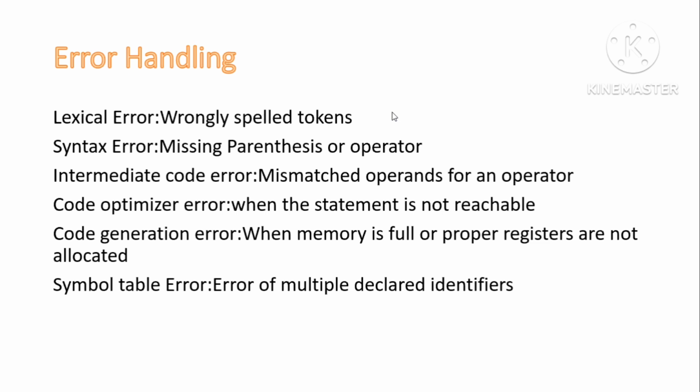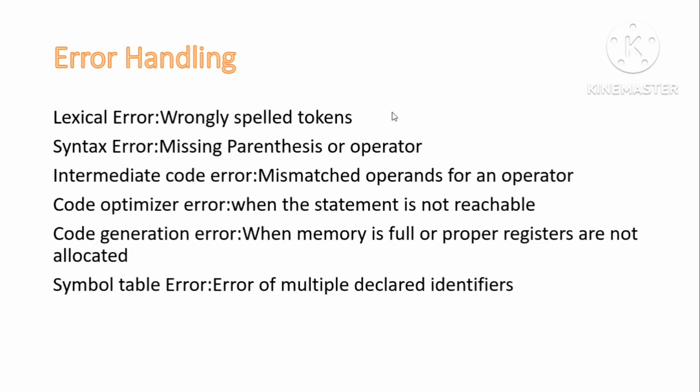An intermediate code error means if you have any mismatched operands for an operator. For example, when I want to add A and B, where A is an integer and B is a string, then obviously you cannot add A with B. So, such kind of error is called an intermediate code error.